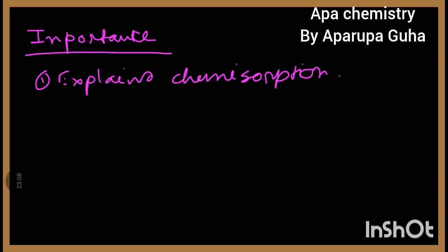The same thing happens here: Langmuir emphasizes more on chemisorption and Freundlich emphasizes more on physisorption. But ultimately they give different methods and theories based on the same topic, adsorption, because their thinking is different and there is individual difference.